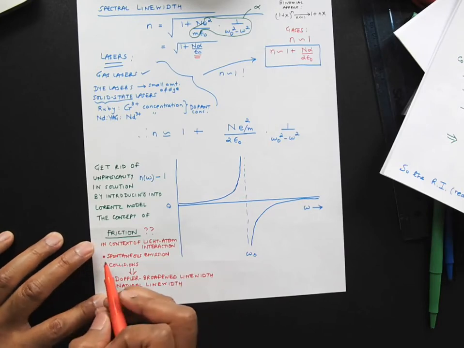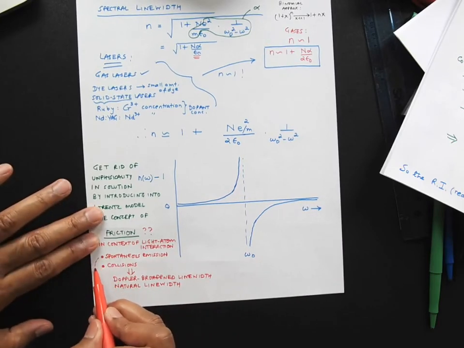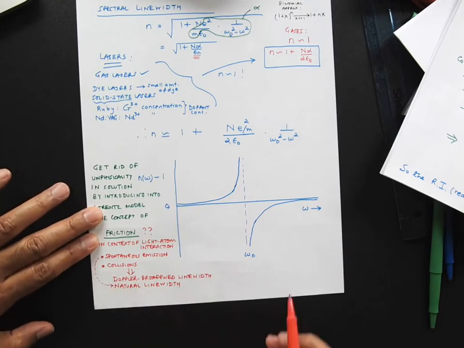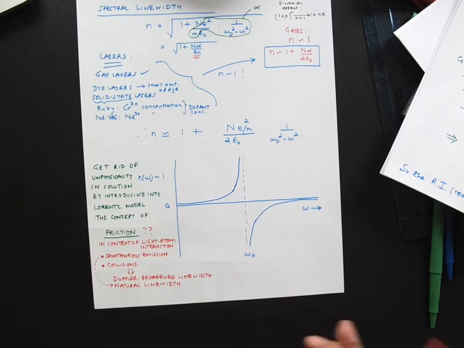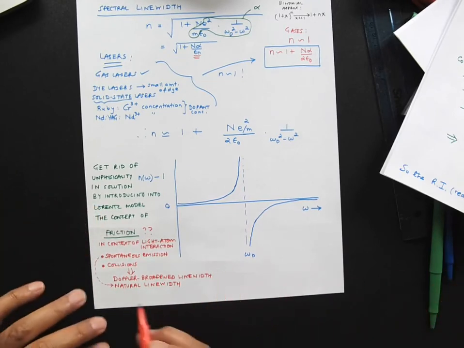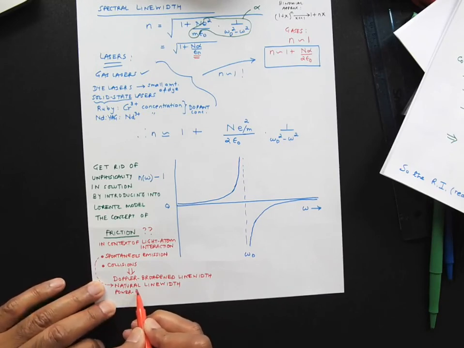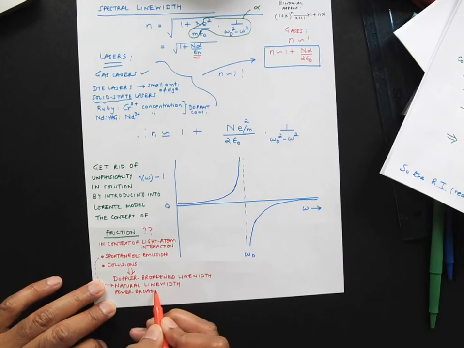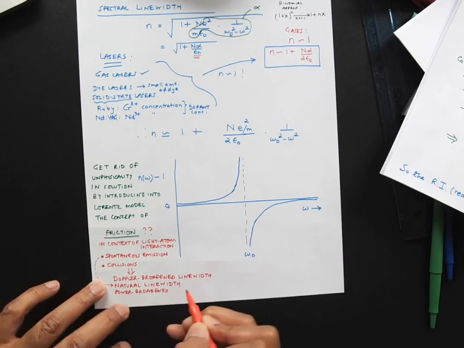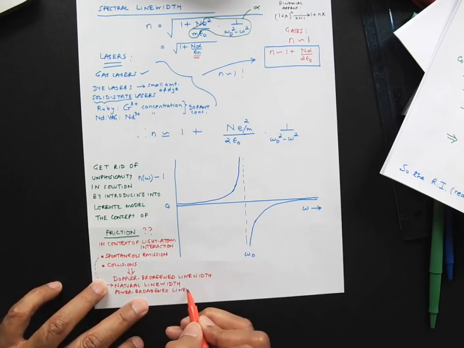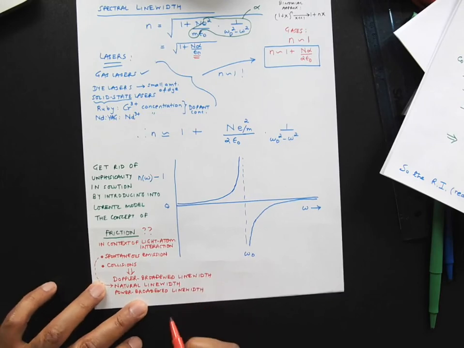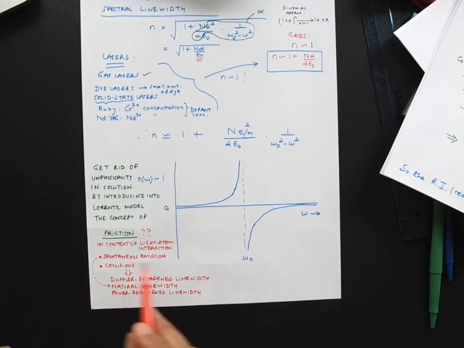This comes from spontaneous emission, the natural line width. And there's also something called the power broadened line width. And so these are things that we actually measure in the lab. Okay, but anyway, so that's what I need to talk about.